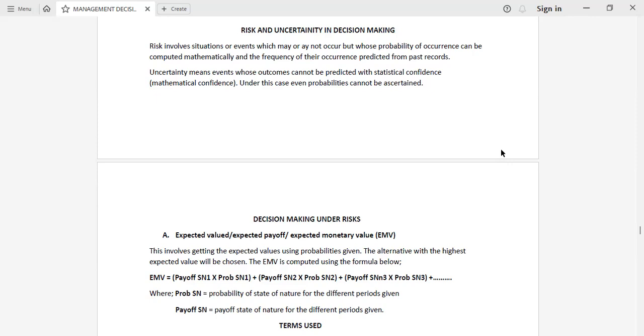You may find that maybe Arsenal has been losing and the other team has been winning. So someone can just base on those past or previous performances so that they are able to make a decision.